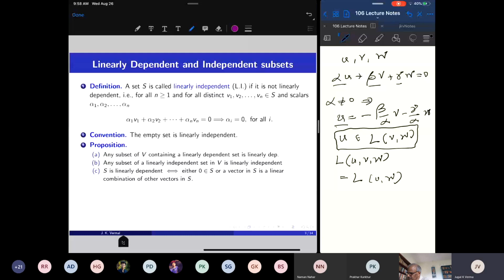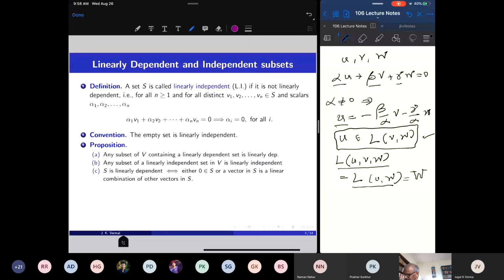The linear combinations of v and w are contained in the set of linear combinations of u, v, w, but u is a linear combination of v and w, so the linear span of u, v, w is the same as the linear span of v and w.